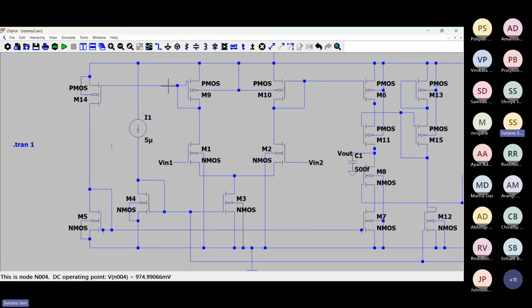So it's not giving much change. I've connected the body terminals of all NMOSes to ground.